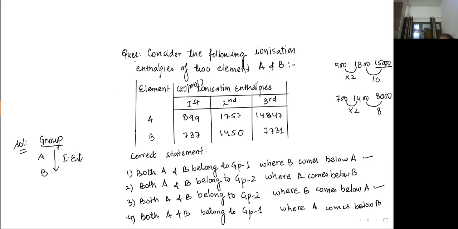So will you agree that removal of only 2 electrons is easy? If you remove the third electron, it is very difficult. Based on the data, we can say removal of only 2 electrons is easy.